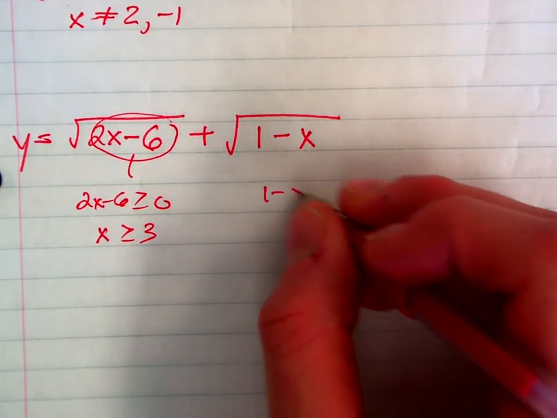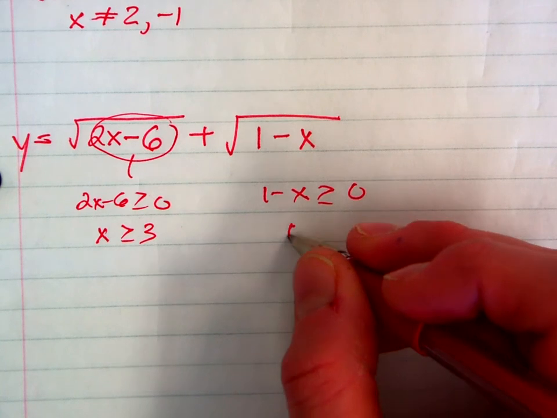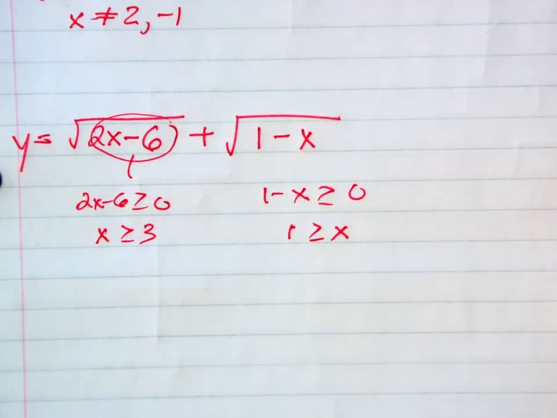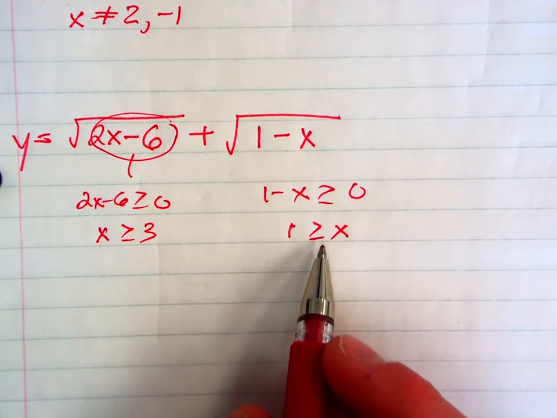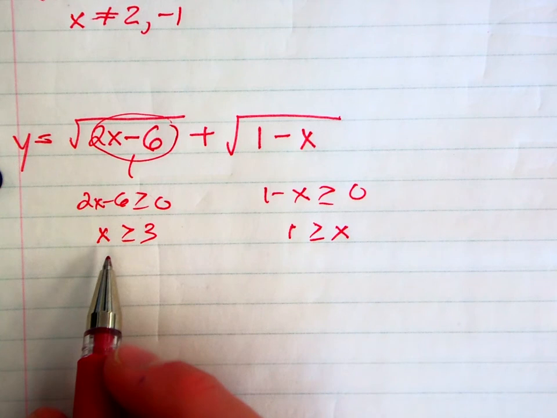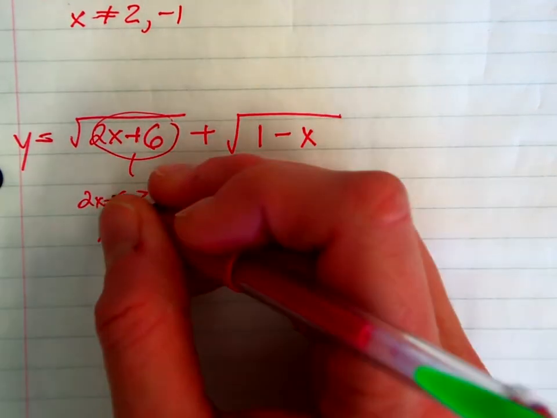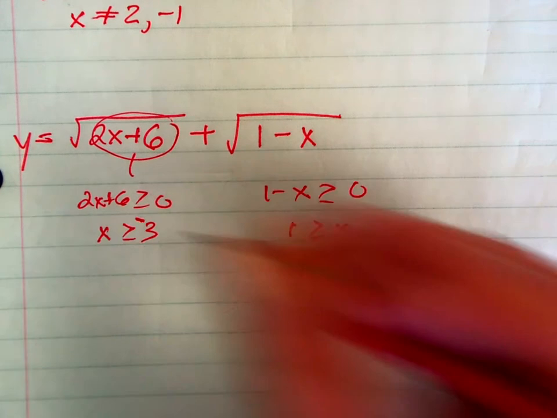And I have that 1 minus x also has to be positive, so this gives me x has to be less than 1. Well, if x has to be less than 1 and greater than 3, I should have made that a plus 6. Let me change this. There we go.